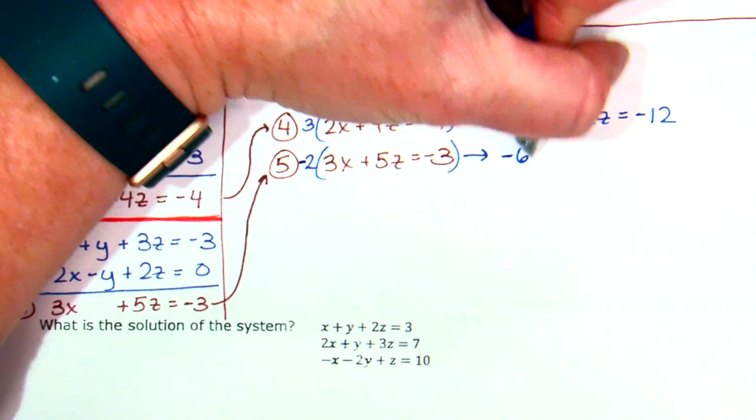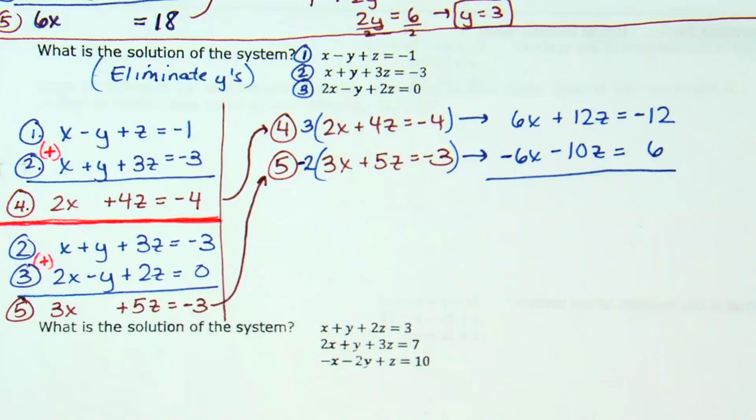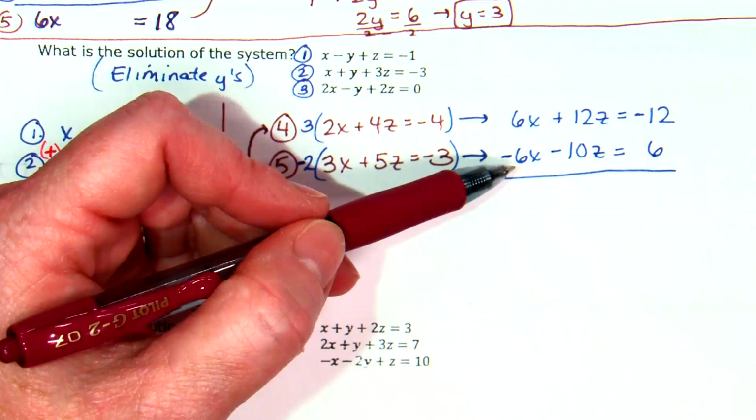Multiply by negative 2, it becomes negative 6x minus 10z equals positive 6. If you want to call those equations 6 and 7, that's fine. I don't, because from here you just follow the flow.